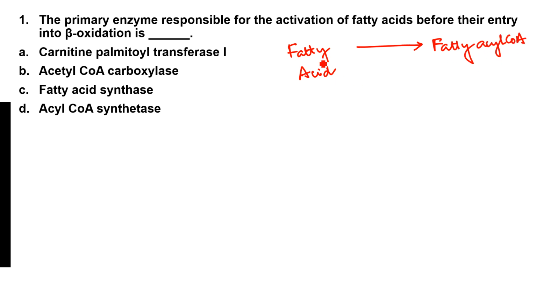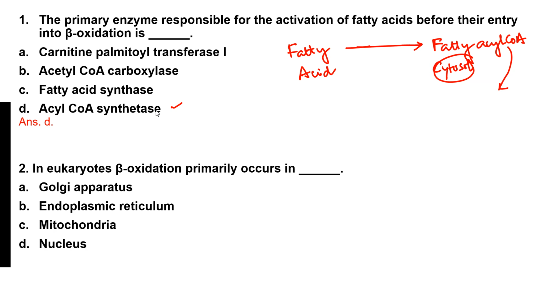The activation of fatty acid into fatty acyl CoA is brought about by acyl CoA synthetase, option D. This takes place in the cytosol, and after fatty acyl CoA has been formed, it can move into the mitochondria via the carnitine shuttle system. So yes, the answer is option D.